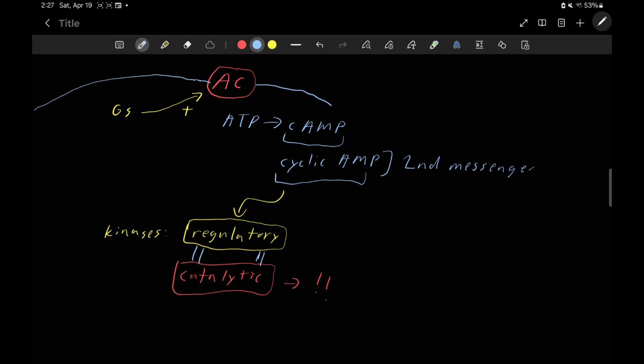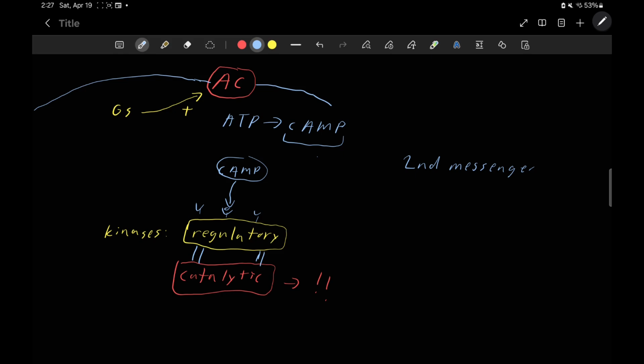It keeps it controlled. So when your cyclic AMP or your cAMP, right? So you have your cAMP. It's going to make its way over to your regulatory subunit. And here you have little binding sites for it to attach to. So it's going to attach to these binding sites.